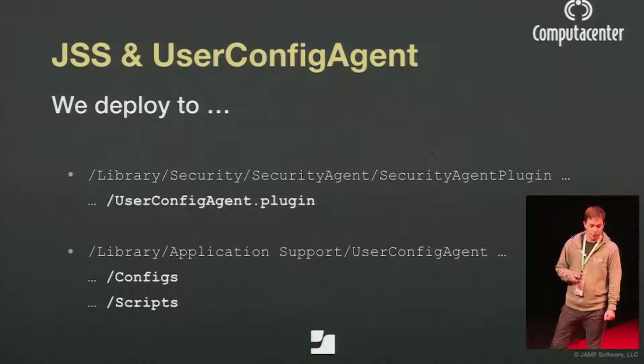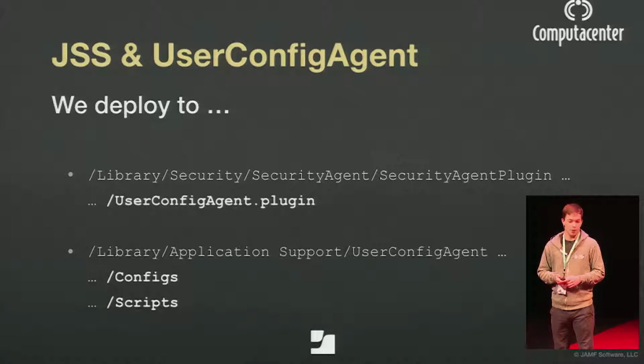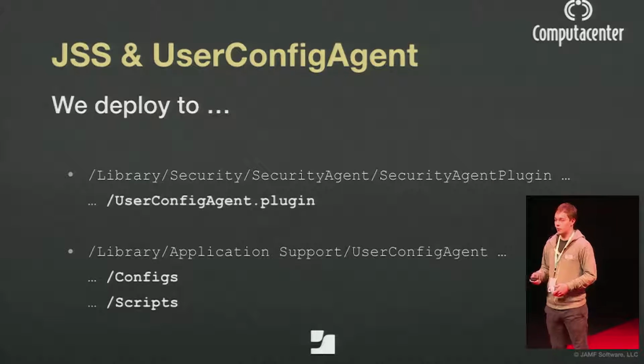The configuration files are stored at Library, Application Support, User Configuration Agent. There are two subfolders. It's configs, where you deploy your configs to, and another folder called scripts, where you deploy the scripts. That's optional. You can define in a plist file, in the configuration plist of the framework, just another path. That's the default path to use.